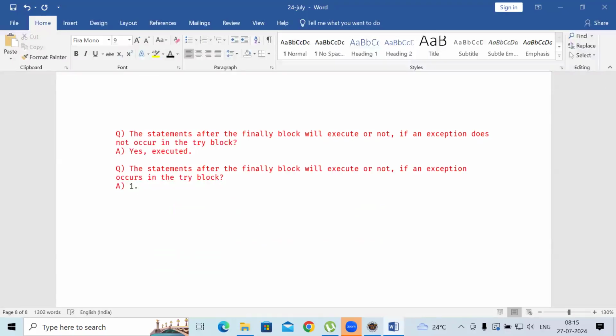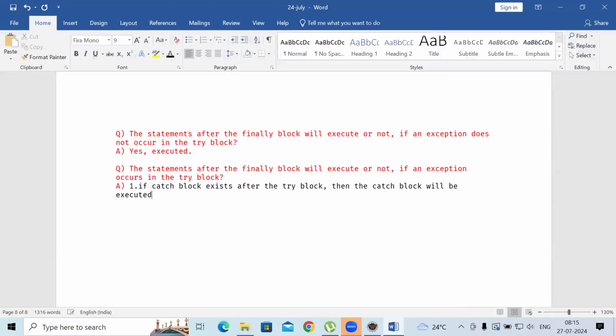If a catch block exists after the try block, then the catch block will be executed.